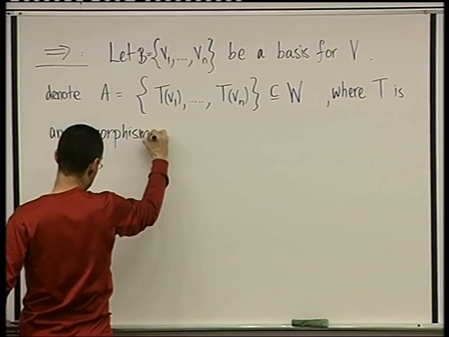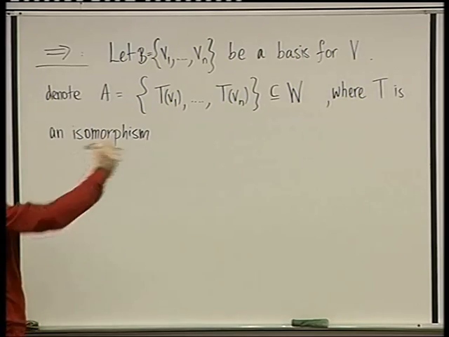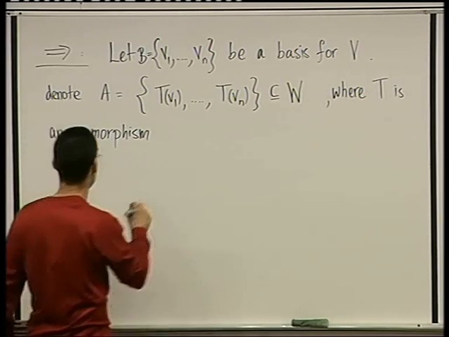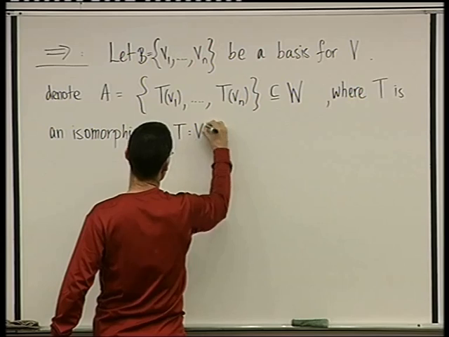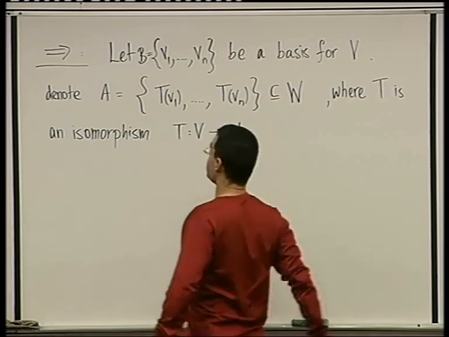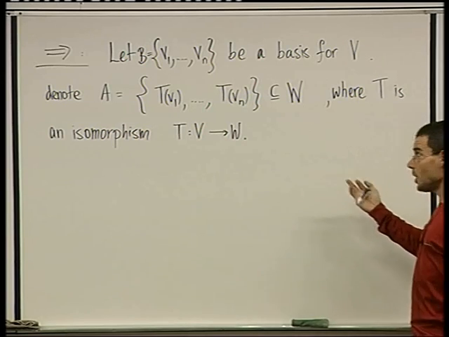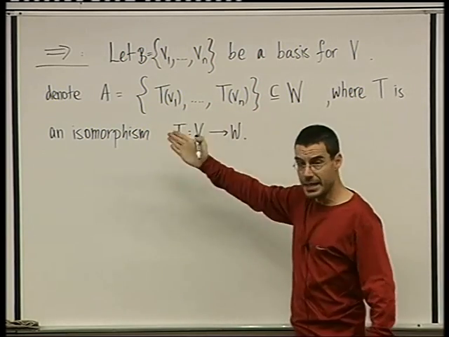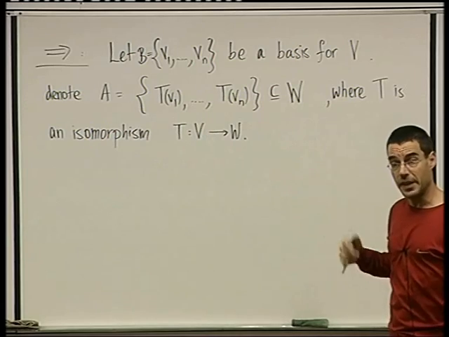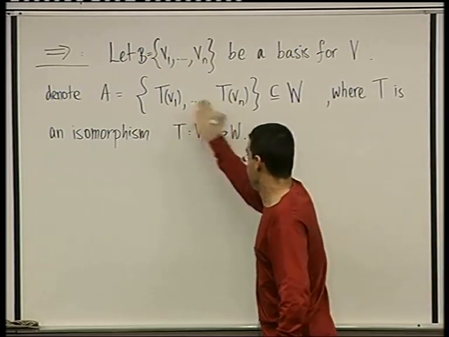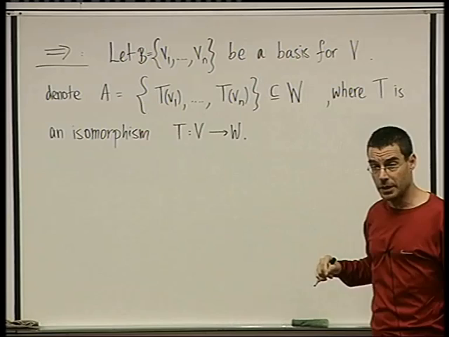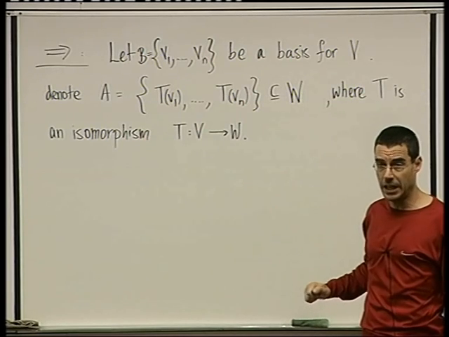And that's the assumption of this direction, that there is an isomorphism between the two spaces. Good? Okay. So what I want to show is that this set A is a basis for W. If I can show that, it means that W has dimension n as well. It has a basis comprised of n elements.